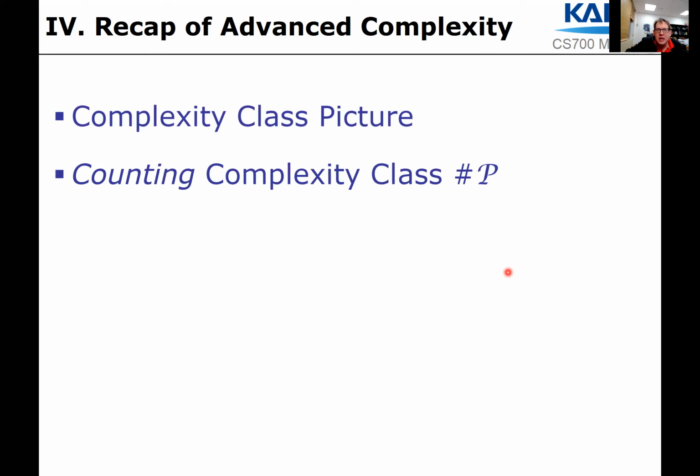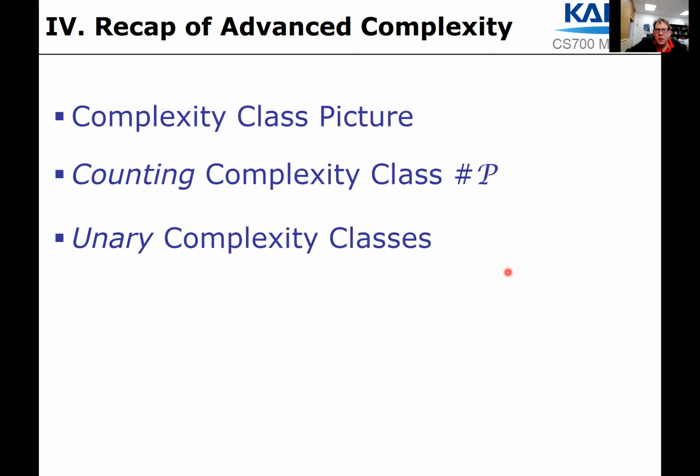In this second part, advanced complexity, we proceeded from that complexity class picture to introduce this new counting complexity class, which is a complexity class of functions. We talked about unary complexity classes, where the inputs are restricted to be integer powers of 2 only.